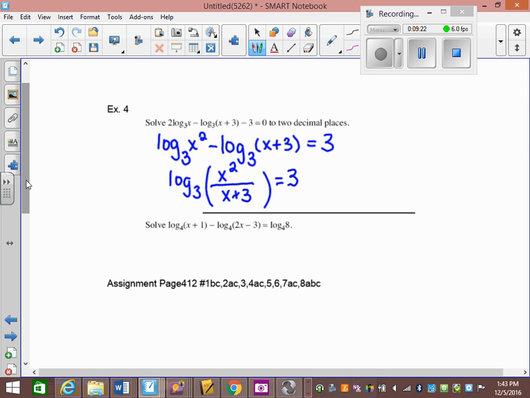If I'm looking for the base or the value beside it on a log, I have to change it to exponential. So I'm going to get 3 to the 3 equals this lovely bracket. 3 to the 3 equals x squared divided by x plus 3. Not sure why I wrote it in brackets, but I did.